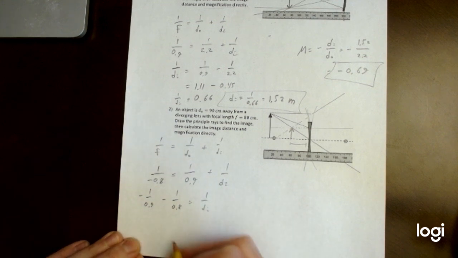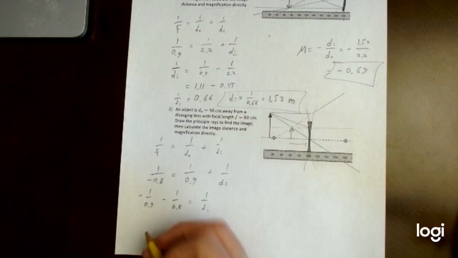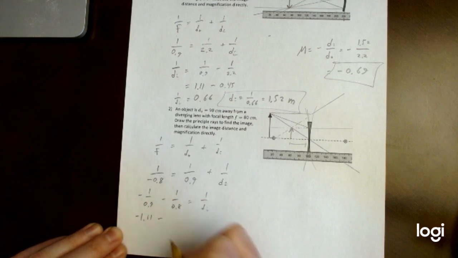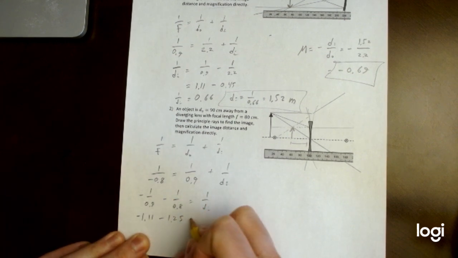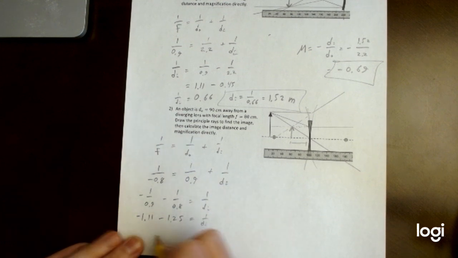And then I can plug these into my calculator. 1 over 0.9, well, we did that before. That's about, in this case, minus 1.11. And then 1 over 0.8 is minus 1.25. That is 1 over di.